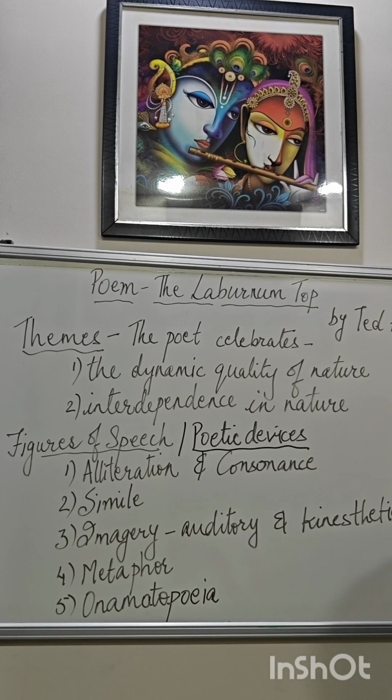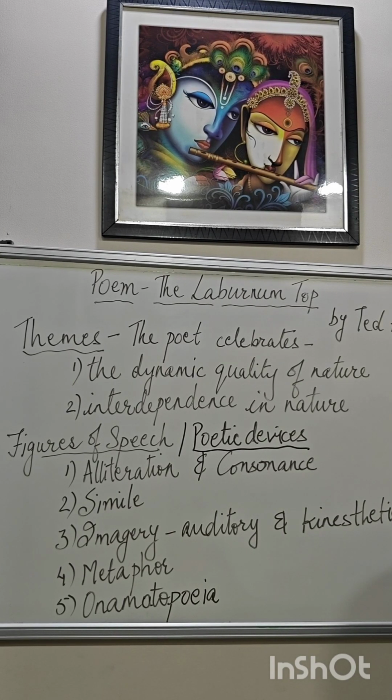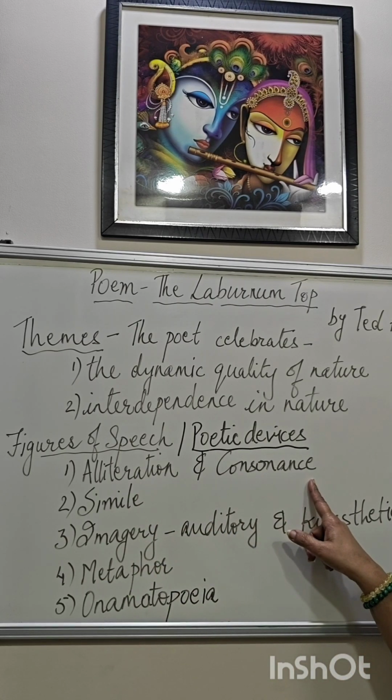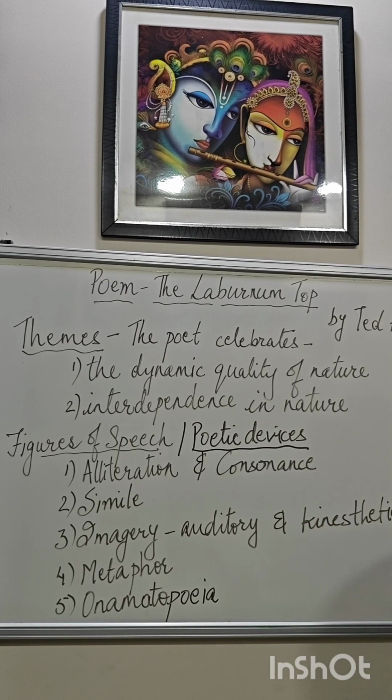We can also see a repetition of the sound S in the 5th line. In the 2nd stanza, you can see a suddenness, a startlement. Once again, and here we can also see anaphora, because a suddenness, a startlement, both these are starting with the word a. And the next we come to consonance, and we can see it here in the 8th line of the poem. Of chitterings and a tremor of wings and trillings.